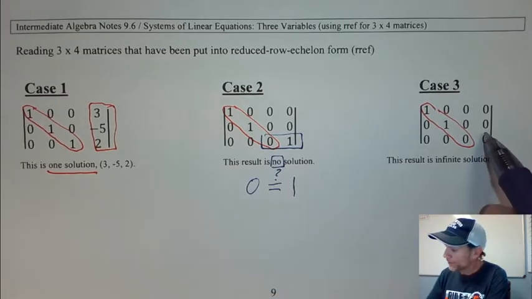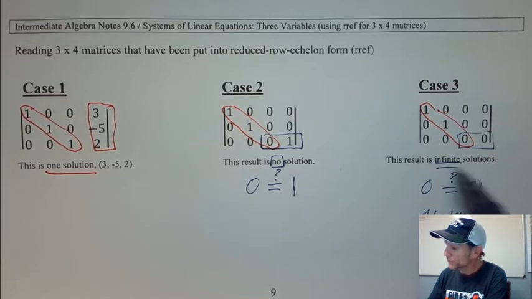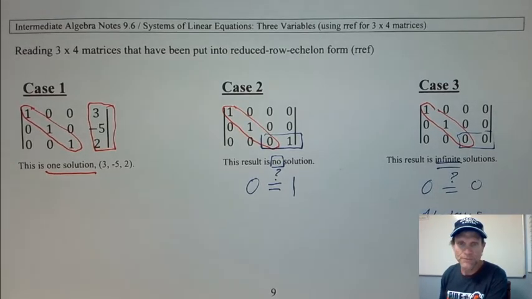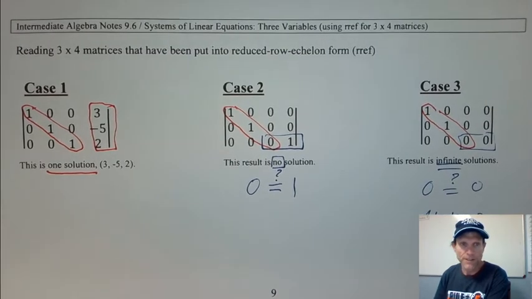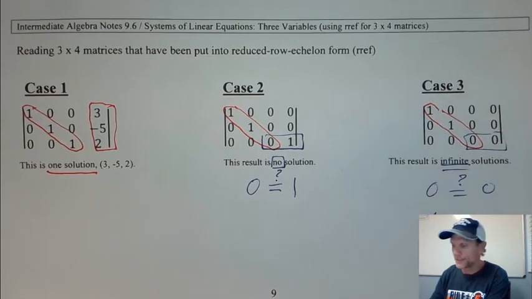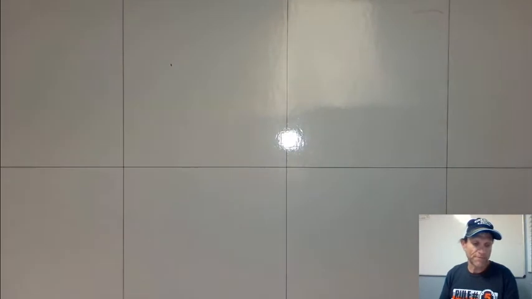Over here I look and I say, does 0 equal 0? And yeah, always. Which I associate with infinite. So it takes a little practice, and we're going to look at one of these in this video. We aren't going to do all of these because it is just repetition for using your graphing calculator.